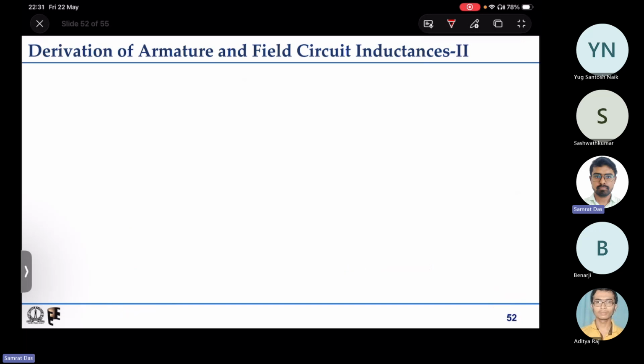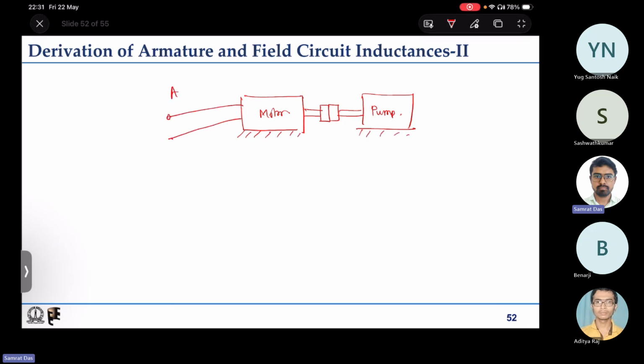Now there is a second way also, which is like a sinusoidal excitation. So we have the motor, we have the pump, we have these things grounded, we have the armature winding and the field winding. We have these two windings.